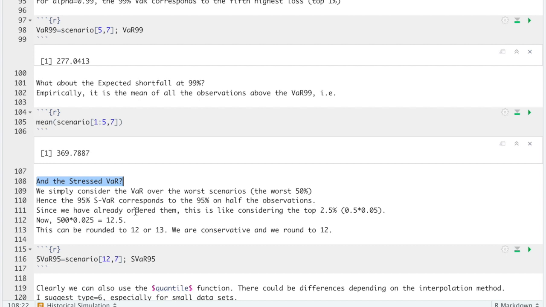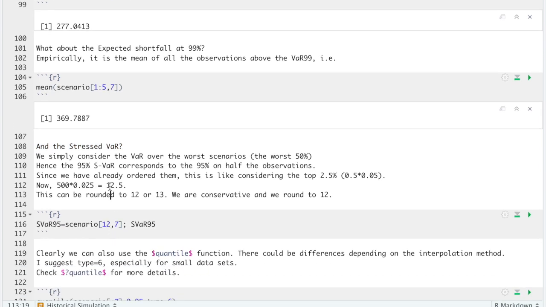Why? Because we are taking the value such that 5% of the observations are larger, but we are taking the 5% of half of the observations. So the top 2.5% with respect to the original data. So it means that we have to take the top 12.5 observation. Now it is not possible to take 12.5 observations.